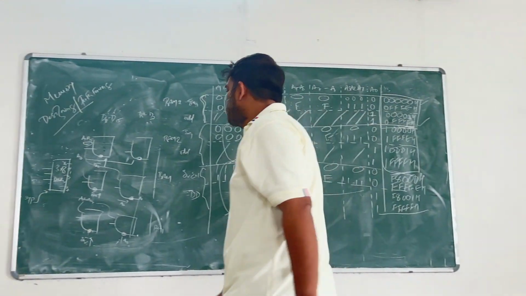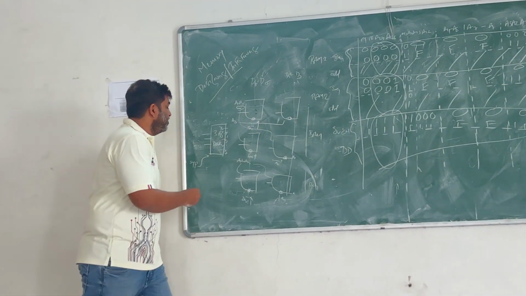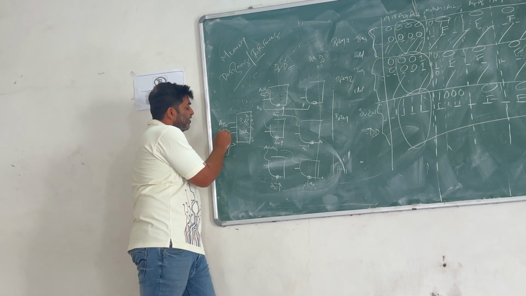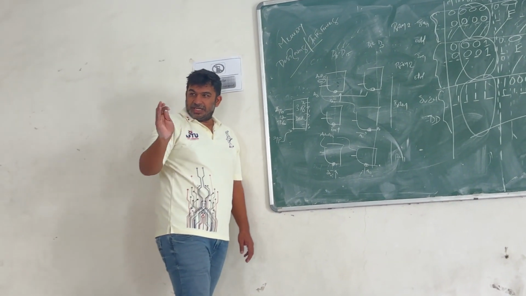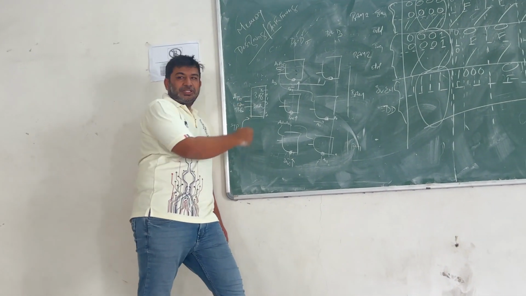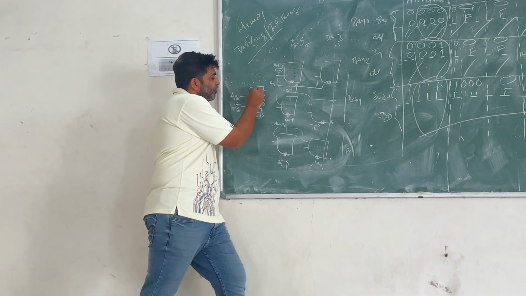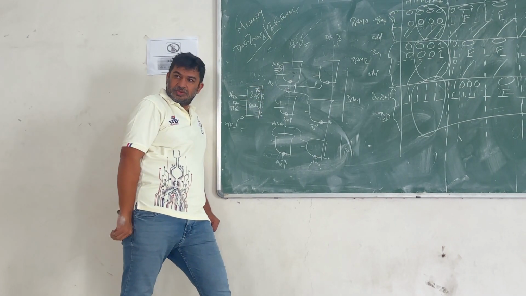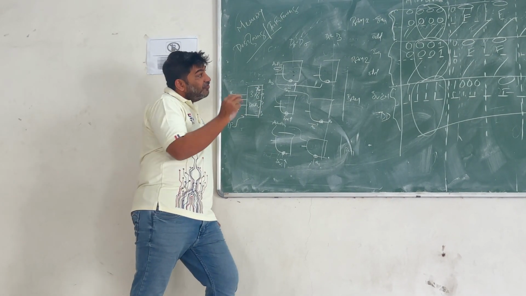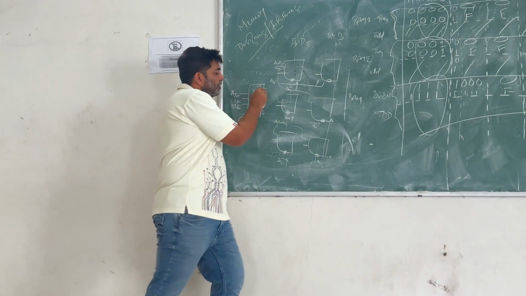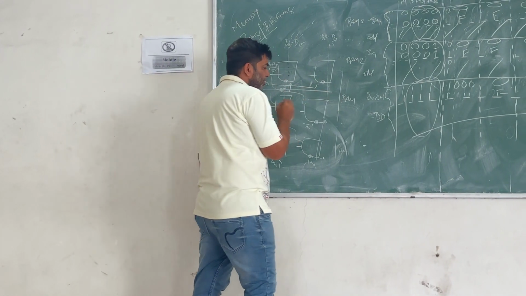So here I will choose A18, A17 and A16. Now concentrate: if all three are 0 0 0, then your Y0 will get selected and it will be 0. If that gets selected, you need to select which part? RAM 1.